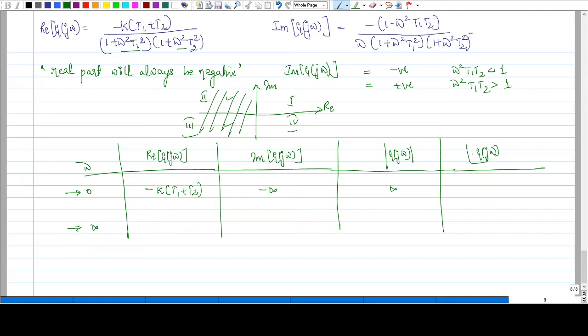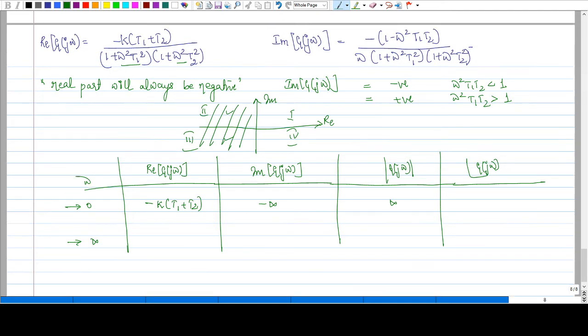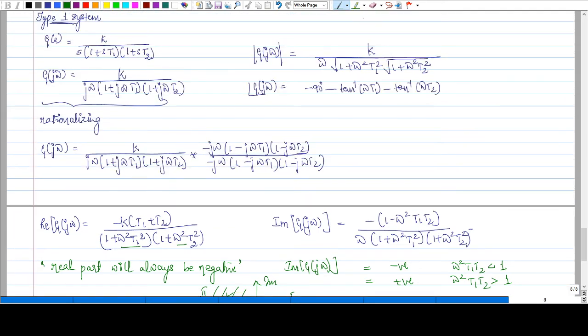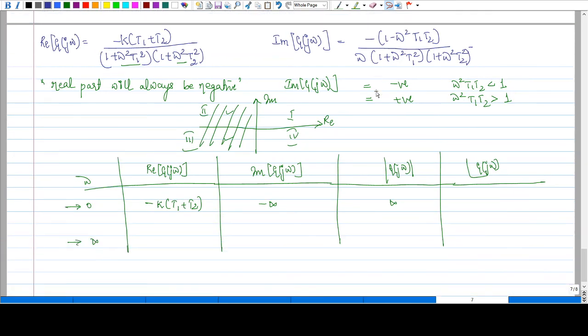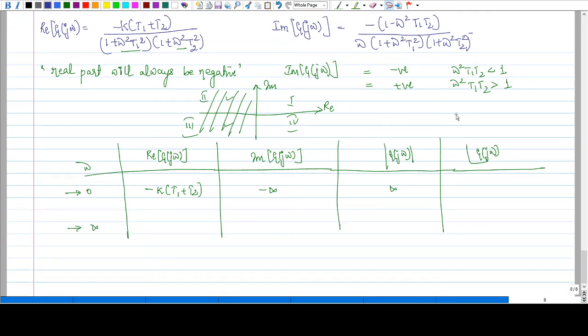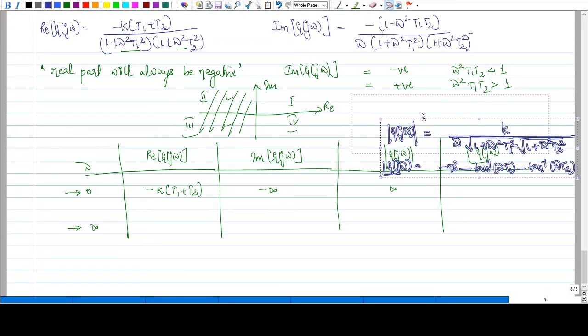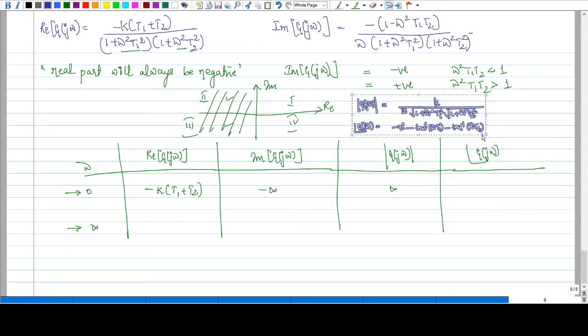The angle is minus 90 degree minus tan inverse omega T1 minus tan inverse omega T2. So it is minus 90 degree minus 0 minus 0.